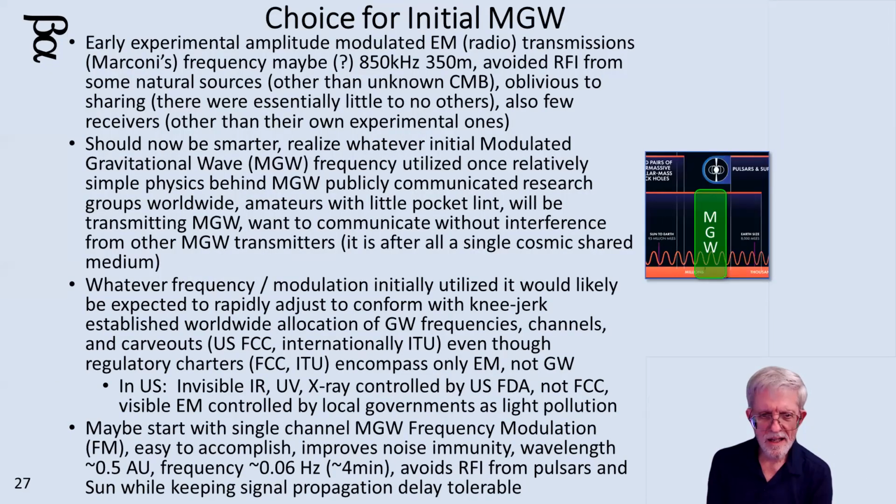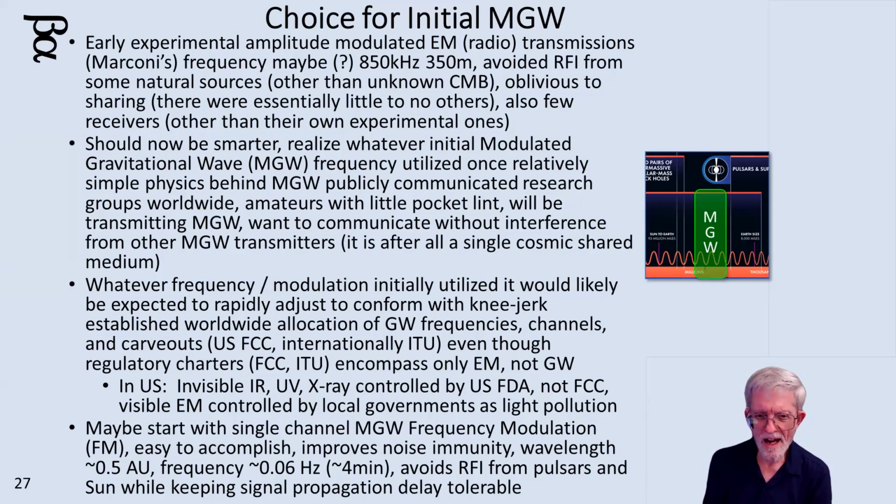And I said, well, this is a lot of gobbledygook here, but how did Marconi do this? When Marconi was first starting to do radio transmissions in the electromagnetic spectrum, how did he know what frequency to transmit on? Turns out it was just convenient parts. What he built would transmit at about 850 kilohertz or 350 meters for those ham types, the 350 meter band. Well, he just got lucky, picked something that didn't have a lot of conflicts in it.